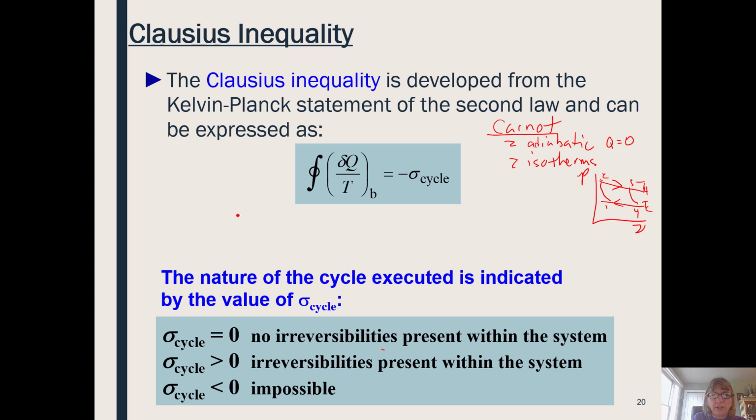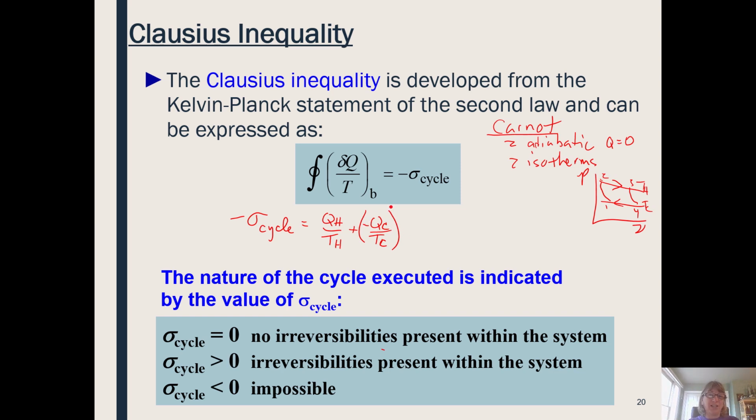So for our Clausius inequality here, we have for our Carnot cycle QH over TH plus QC divided by TL or TC. And a lot of times Q is a negative value, right?